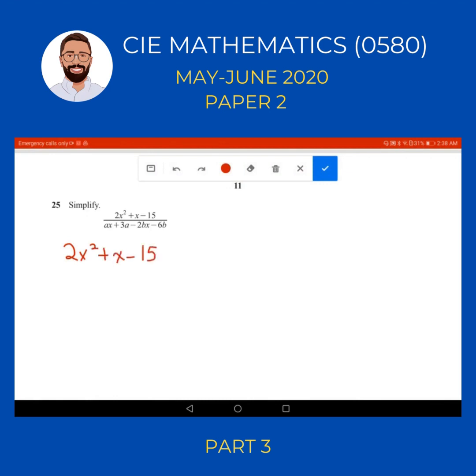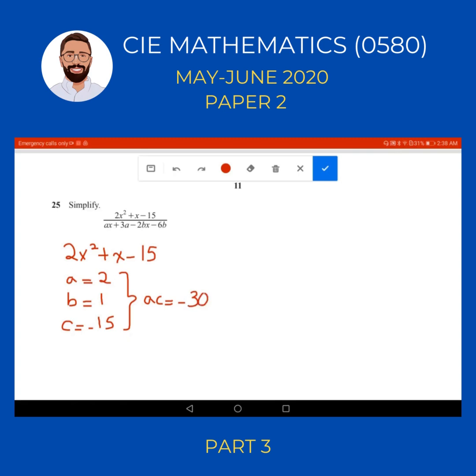Now whenever you have an expression of 3 terms, then the correct method to factorize is called the quadratics method. And this method is basically the following. So I need to find the values of a, b, and c, where a is the coefficient of x squared, which is 2, b is the coefficient of x, which is 1, and c is the constant, which is negative 15. And then I need to find the value of AC, which is 2 times negative 15, and it's negative 30.